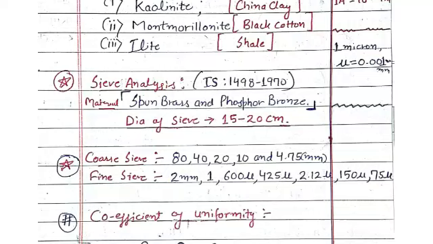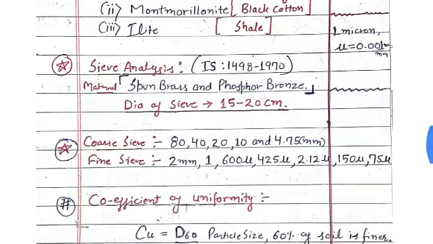For fine sieve, that is 2 mm, 1 mm, 600 micron, that is 0.6, to 425 micron, that is 0.425. Next one, 212 micron, 150 micron and 75 micron.